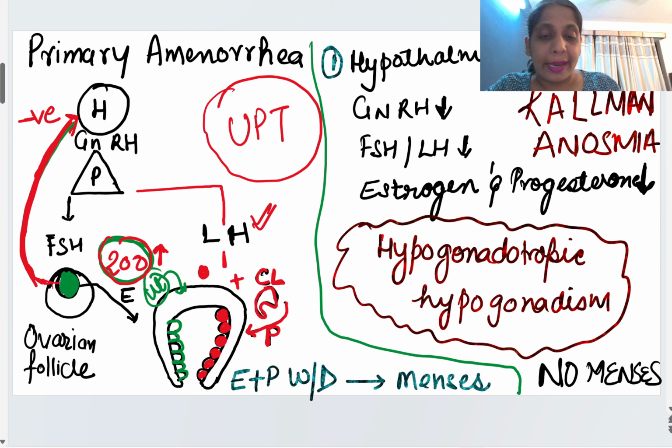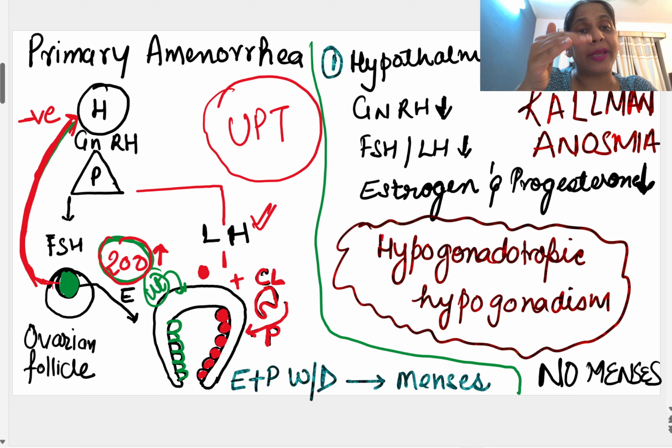Now LH is released, and you know that the LH surge causes ovulation. Now ovulation will occur and the corpus luteum will be formed. Now the corpus luteum life is fixed, right, 10 to 12 days.